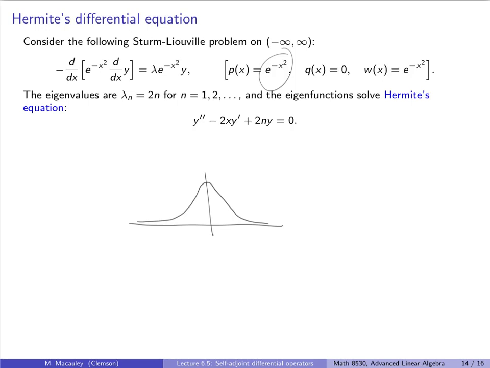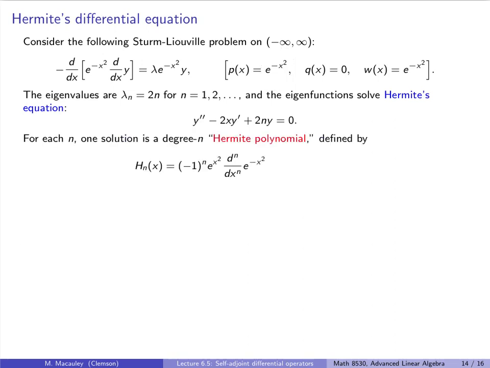I do have a lecture on Schrodinger's equation in my advanced engineering class, but I do not talk about Hermite's equation in that. If you solve this differential equation using the power series method, you get 2 linearly independent solutions that are power series, and for one of those, for a fixed n, it reduces down to a polynomial called the degree n Hermite polynomial.